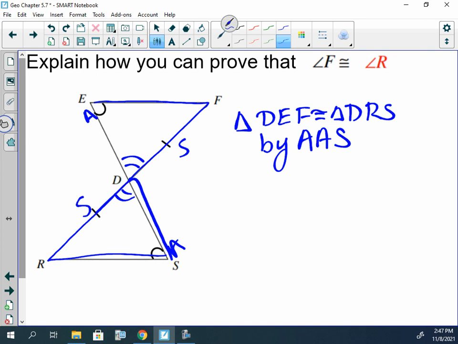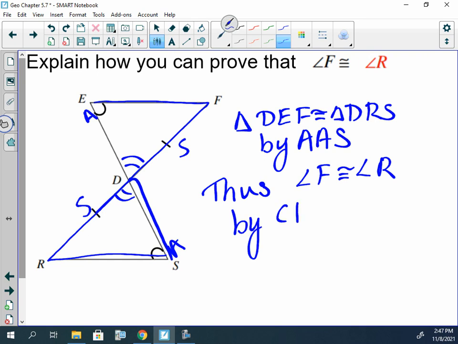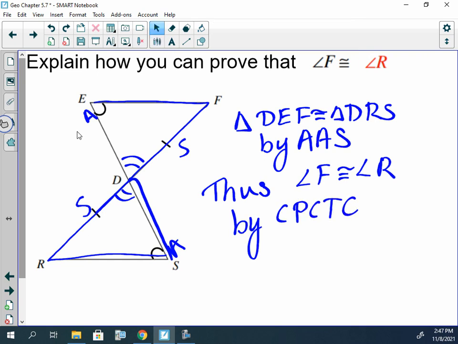Or side, angle, angle. Thus, we can say what? By CPCTC. And that's it. Any questions on any of this here? Or you feel comfortable with this here?